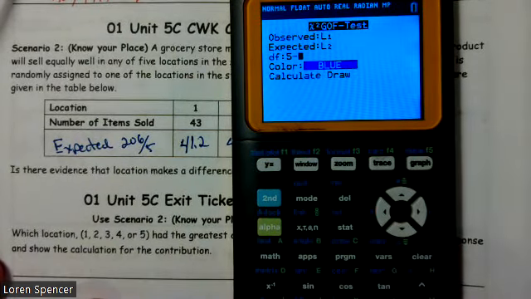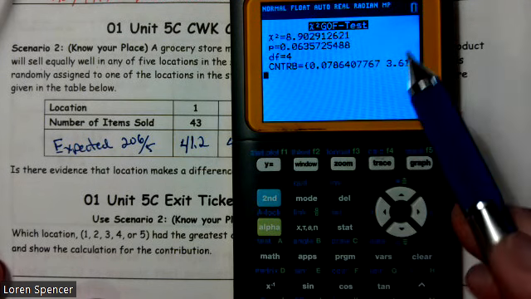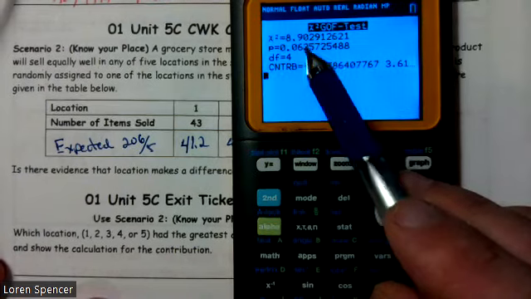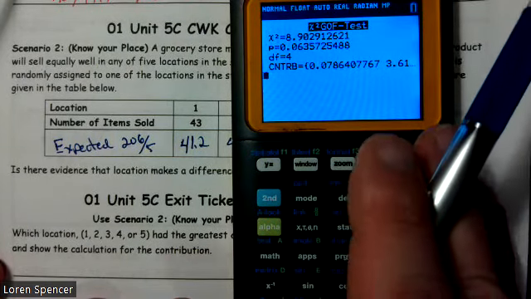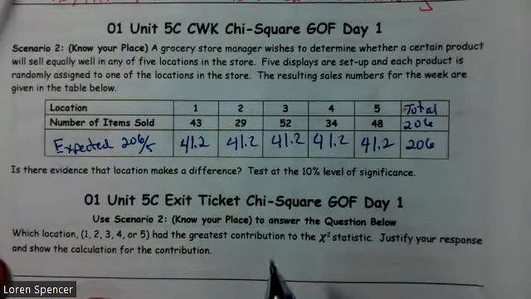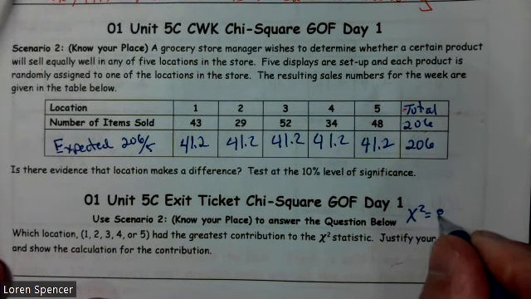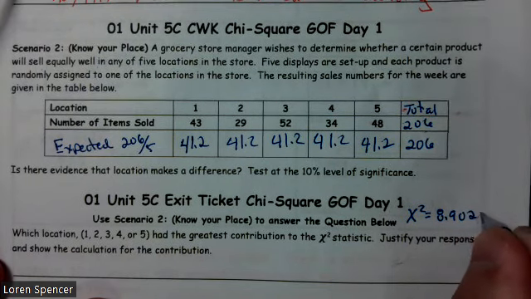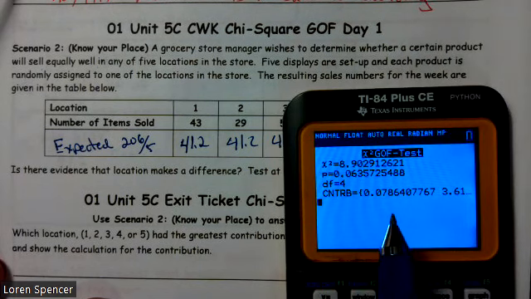Degrees of freedom is categories minus 1, so 5 minus 1. We ended up with a chi-squared value of 8.9029. So we're going to write that down because we're going to refer back to that. Chi-squared equals 8.9029. Now we're going to be studying this contribution thing.